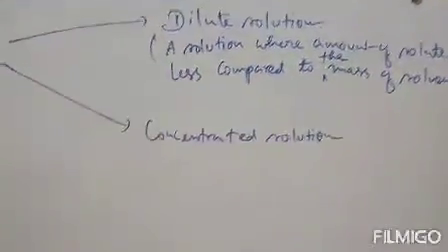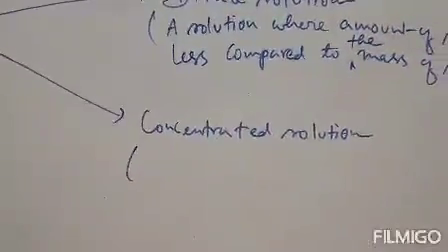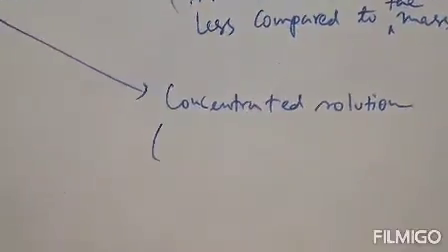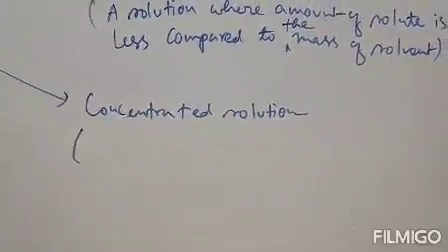Coming to concentrated solution, it is a solution where the amount of solute is relatively more than the mass of solvent. That means the amount of solute will be more than the mass of solvent.